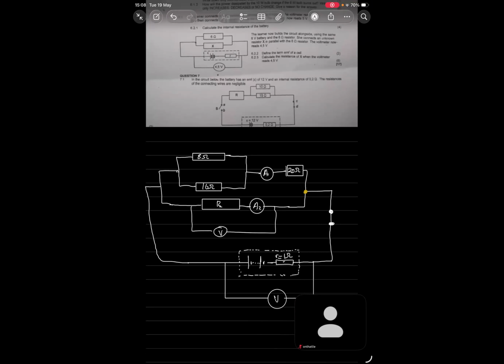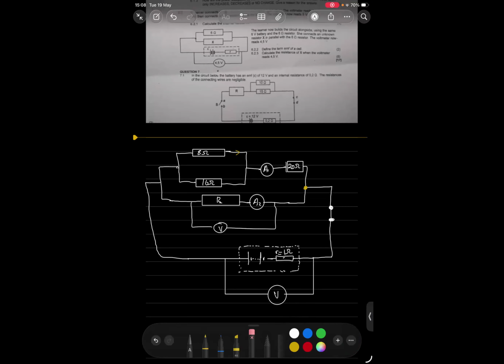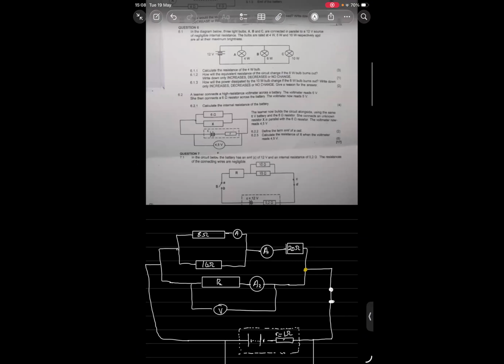So the current that passes through here is 0.5.